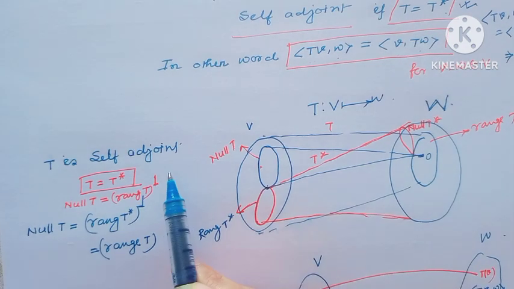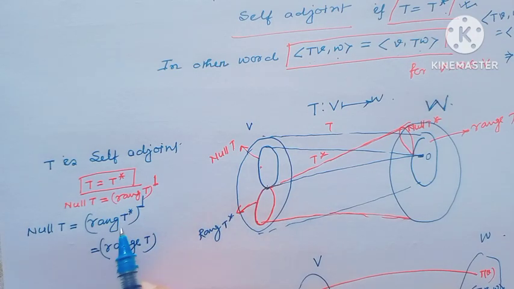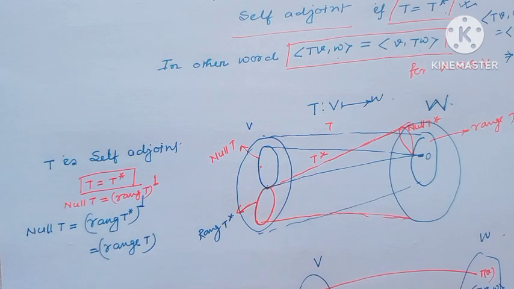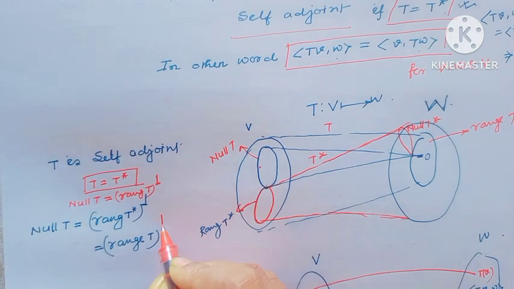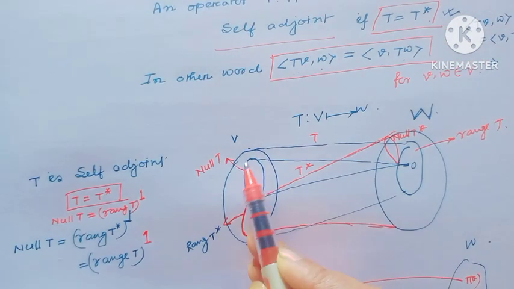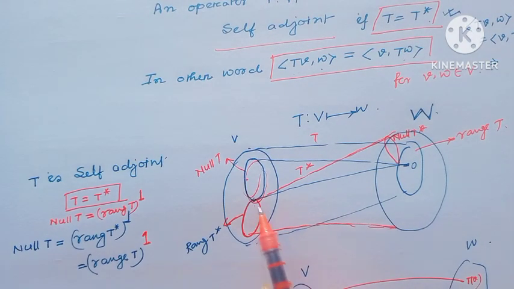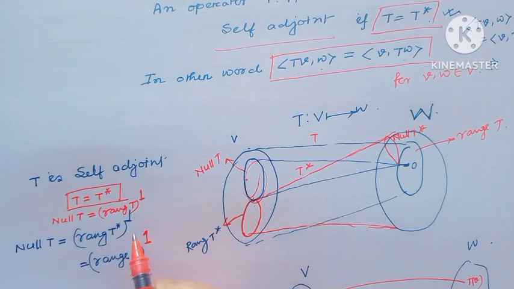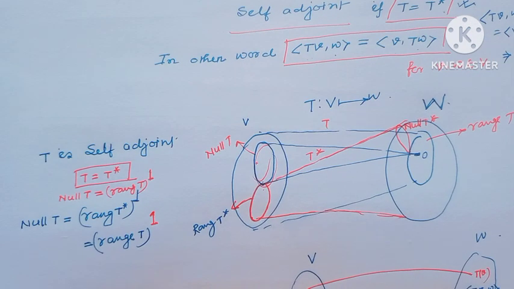But since the operator is self-adjoint, that means T equals T star, then the range space of T star is the range space of T. So the null space of T is the orthogonal complement of the range space of T when the operator T is self-adjoint.